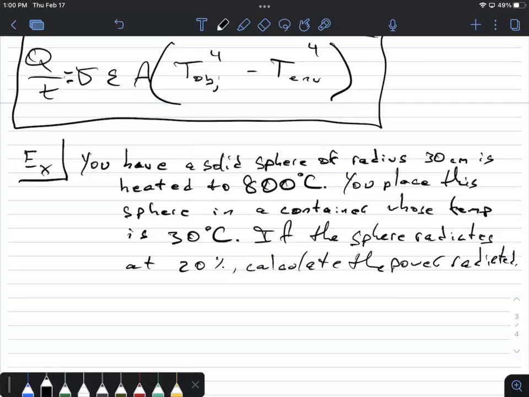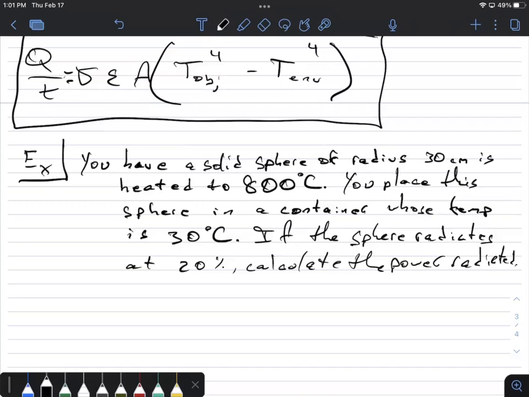All right. So here's our new example. Whereas before we had an object with a certain temperature and it's going to radiate, and we want to know what's its power. Now we have an object at a certain temperature, but we place it in an environment which is at a different temperature. So that's the difference in how these questions are posed. The former, all I tell you about is the object, and there's no word at all about the environment.